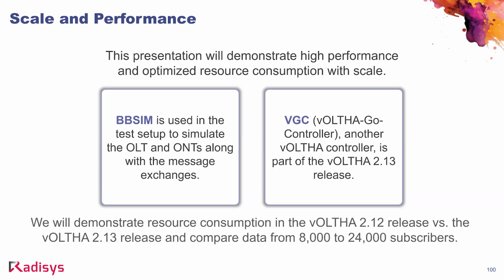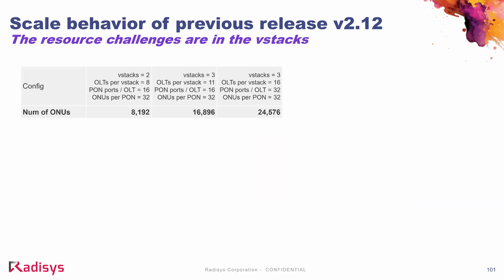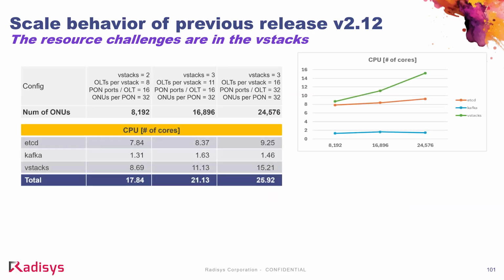This way, we can simulate the OLT so that we can scale and test the vOLTHA control plane. We also have the VGC, the vOLTHA Go controller, which was a Radisys product but open sourced to the Linux Foundation to scale better along with vOLTHA, because we found ONOS to be a bit resource hungry all the time. I'll go on and showcase some of the numbers we have.